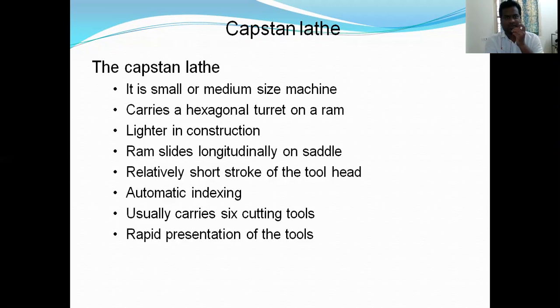The ram slides longitudinally on the saddle, with a relatively short stroke of the tool head.